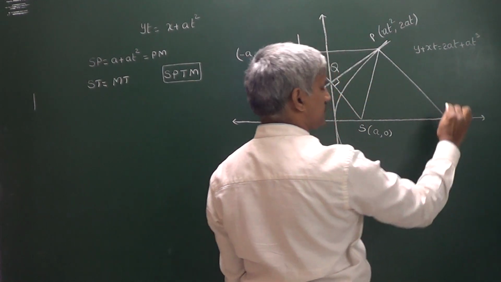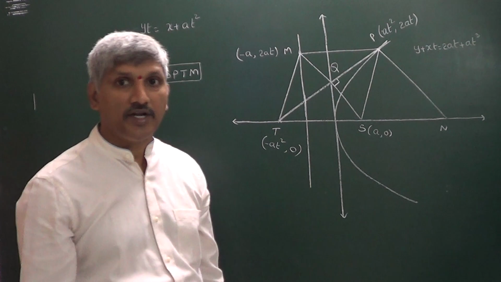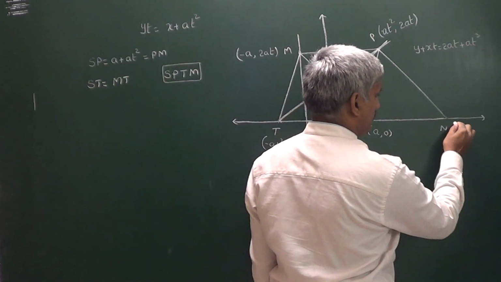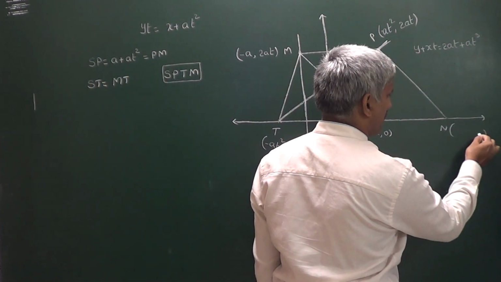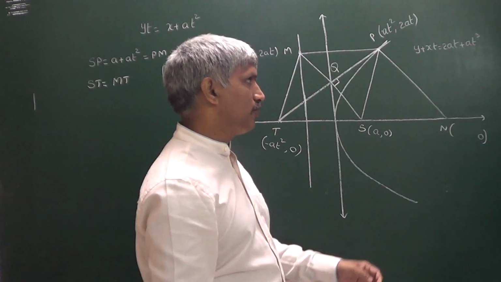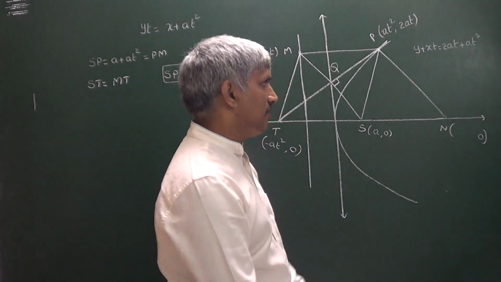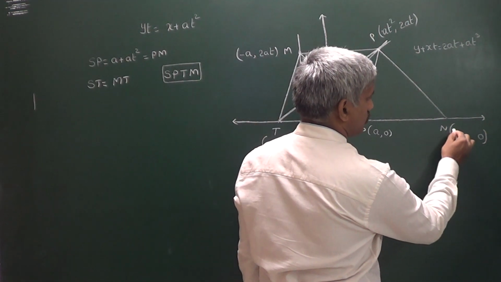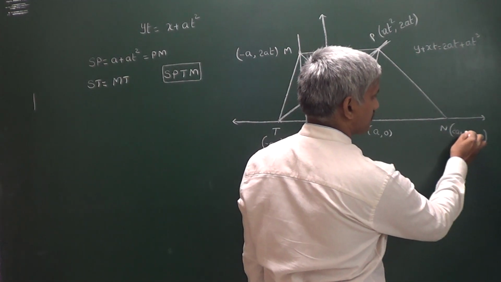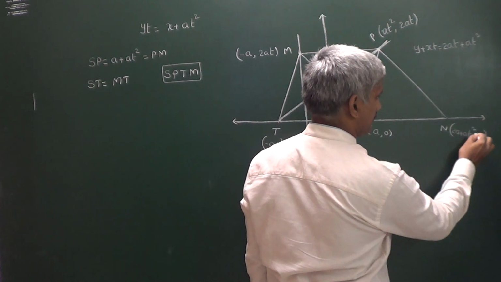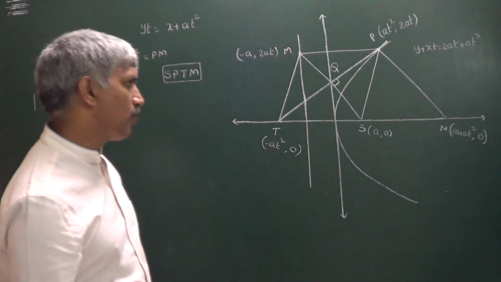The normal meets the axis of the parabola at a point N. No doubt this point's y coordinate is 0. If you put y equal to 0, t gets cancelled. We get the x coordinate as 2a + at². So that is the N point we got.